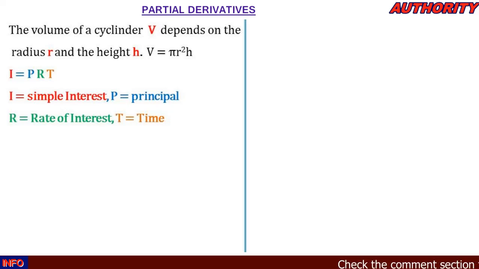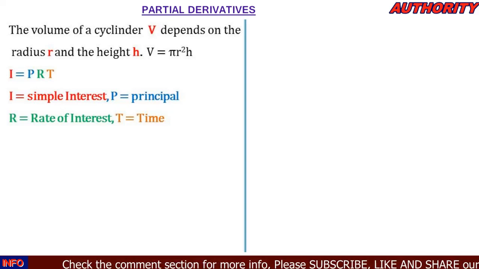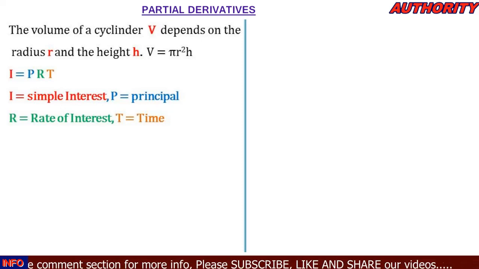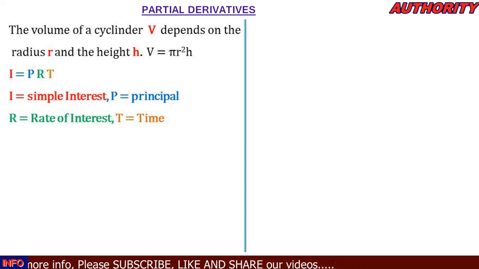For instance, if there is a change in P and R and T remain constant, there will be a slight change in the simple interest. We call it the partial derivative with respect to P. That is, there is a change in P. And also, if we go again and say partial derivative with respect to R, that is when there is a slight change in R and P and T are kept constant.